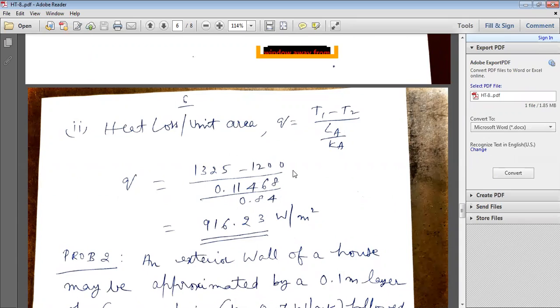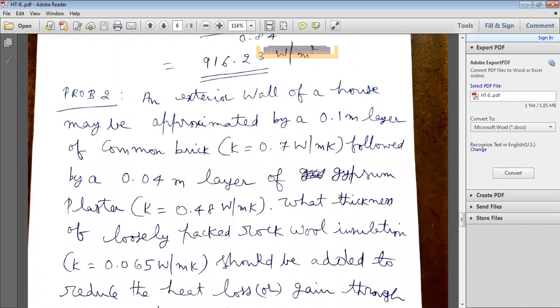If you simplify this, it is 916.23 watts per meter square. That is one problem. Second problem on this composite wall.